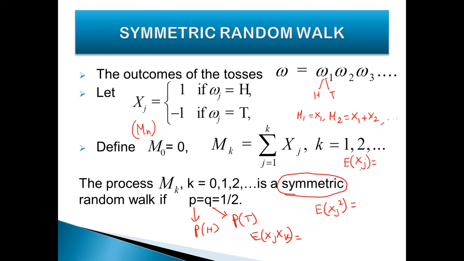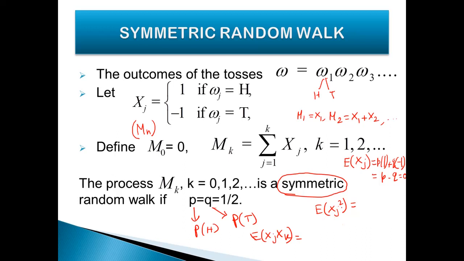You have a variable x_j. The value can be either 1 or minus 1. The probability of 1 is p, multiplied by 1, and the probability of minus 1 is q, multiplied by minus 1. So it is p minus q, which equals 0.